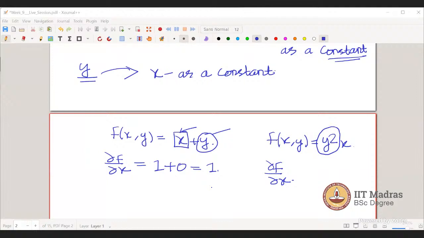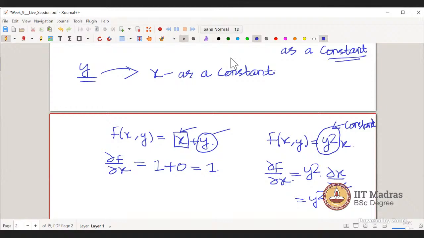Applying the single variable rule, I get y squared times dx by dx, which is 1, so the partial derivative of this function with respect to x is y squared.